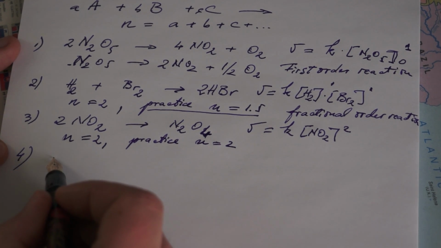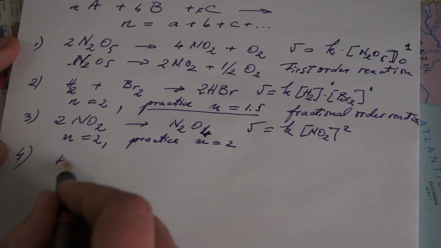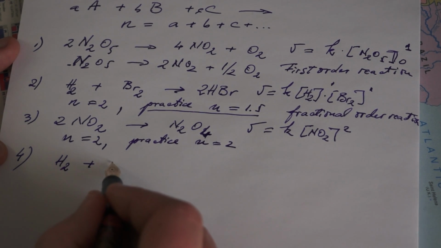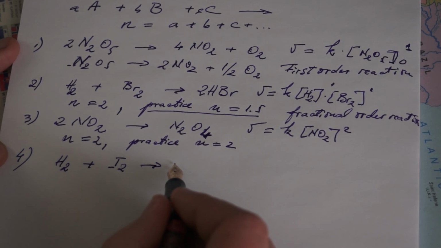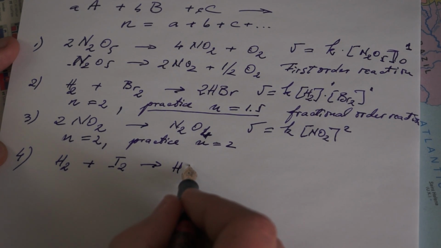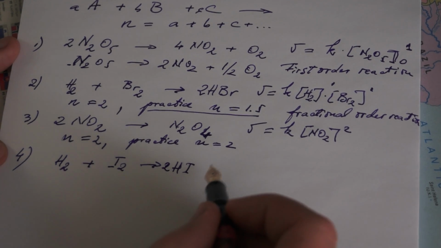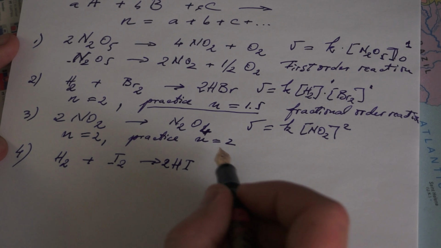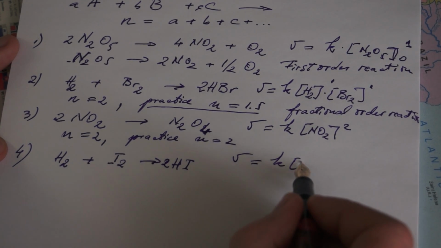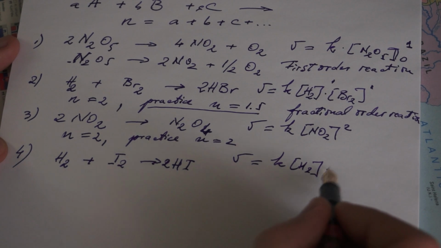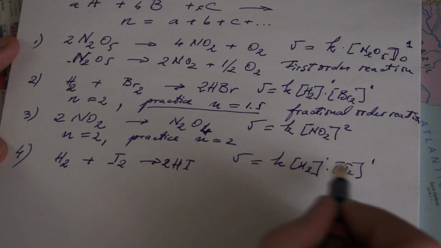Another reaction resembles the one above and is the reaction between molecular hydrogen and iodine to produce two molecules of hydroiodic acid, and the velocity of the reaction is this time written like this.